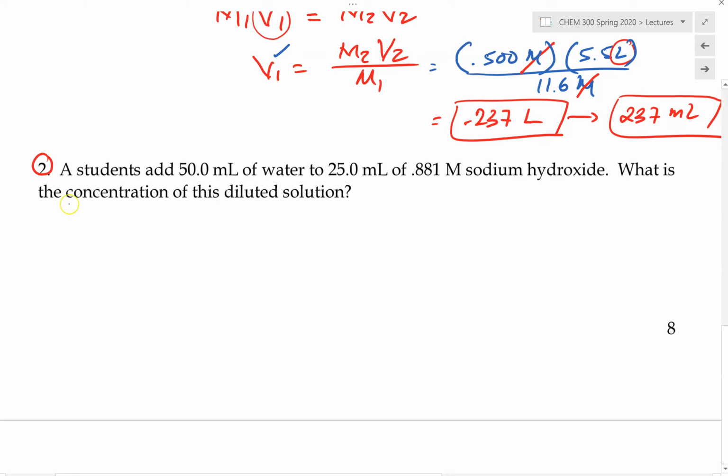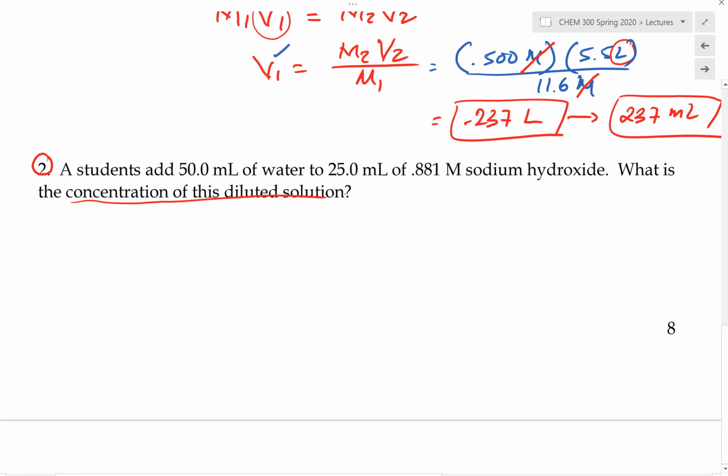Now what is the concentration of this diluted solution? After we read through this problem, hopefully you'll be able to recognize that this is in the context of a dilution. And the minute we know that this is a dilution problem, we should be thinking of M1V1 equals M2V2 and start identifying all of our variables.